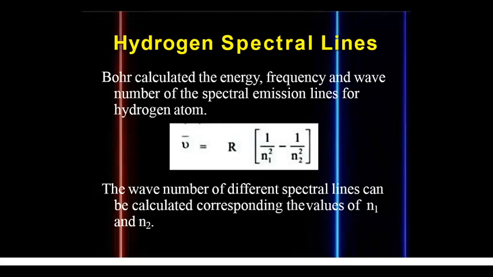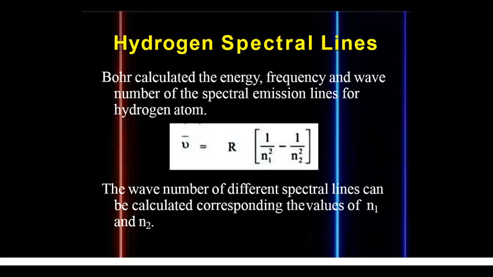Now, with the help of Bohr, we had calculated the expression for the wave number as well as frequency of the emitted lines. See, whenever an electron jumps from one state to another state, what happens? It will either emit or absorb energy, and it will emit a radiation.